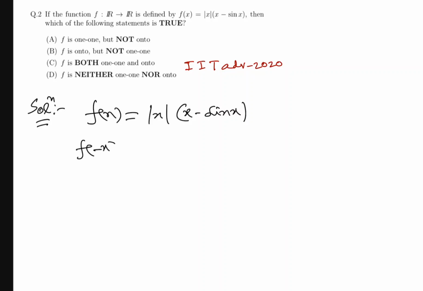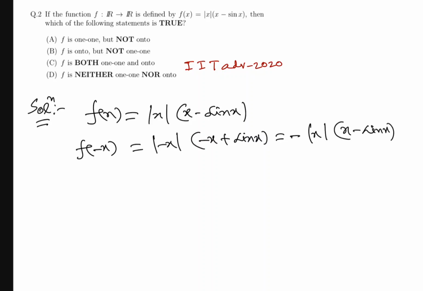Clearly, if we take f(-x), then we can see that this function will become an odd function, because modulus of -x equals |x|, and if we take -1 common, then we can see that this is an odd function.